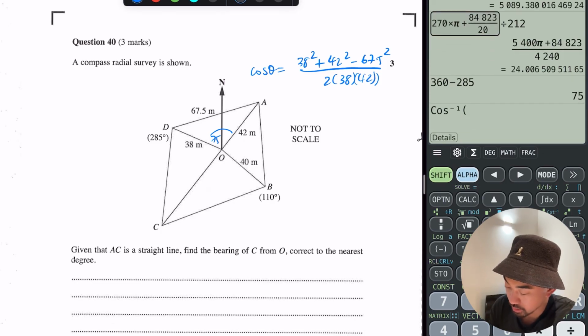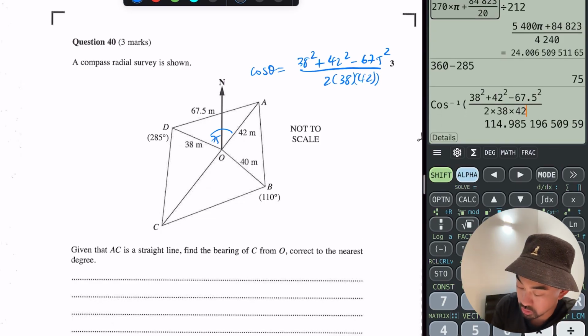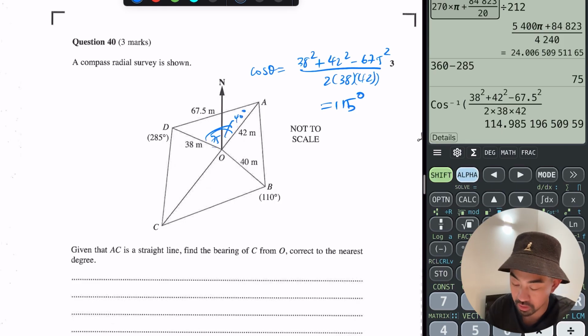So what's that? Let's call that 115 degrees. So if that's 115, that's 75. This has to be 40 degrees, right?